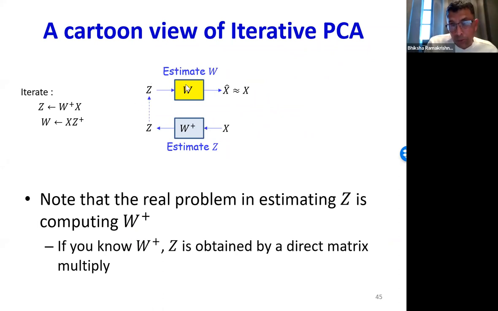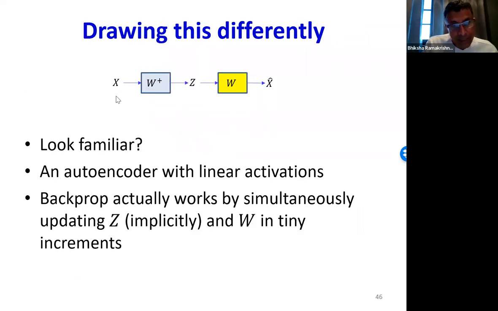You found the W such that the total tension was minimized, which is to say you minimize the error between the ZW and X. And so this is what the actual process looks like, right? In the first step, you found the Z. Then the next step, from the Z, you found the X hat. You found the W, right? And you kept iterating this process.